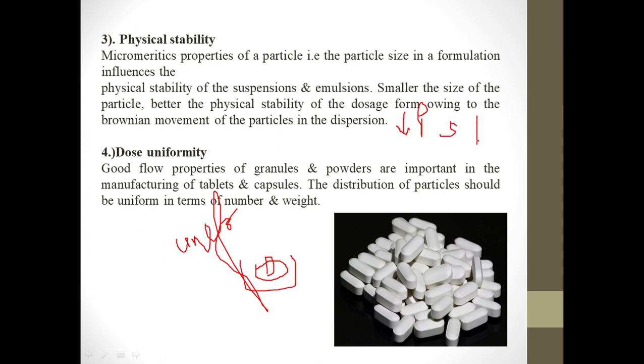The stability of these particles will be more. But in the case of suspensions, what happens? A very small particle size can form cakes. Caking is there, so you need a flocculated system to improve the stability of the suspension.